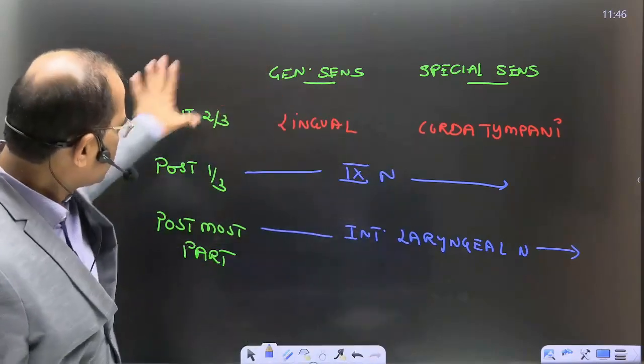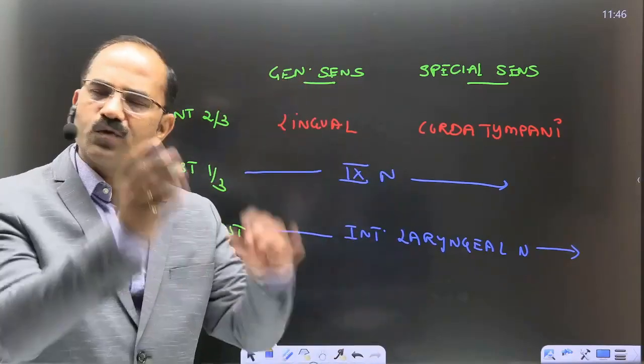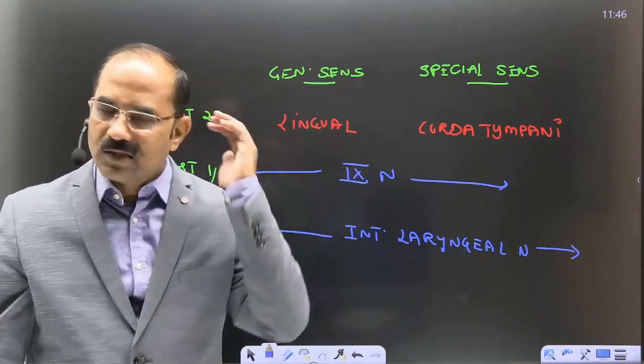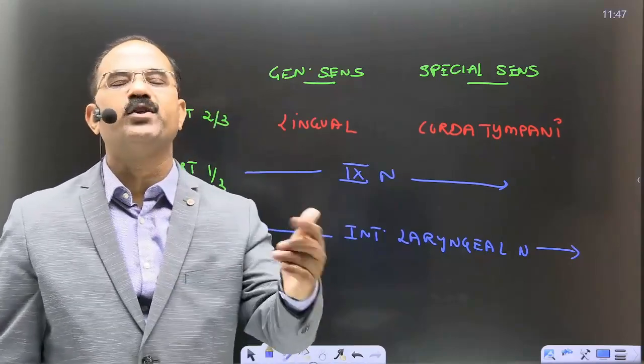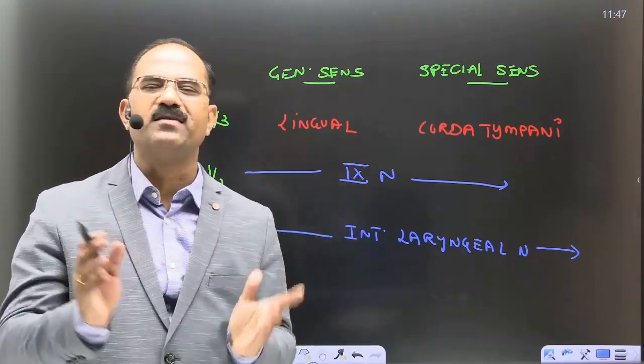So that's the sensory nerve supply of the tongue. Remember, this is very important. Motor nerve supply is hypoglossal nerve, except palatoglossus, which is supplied by the pharyngeal plexus.